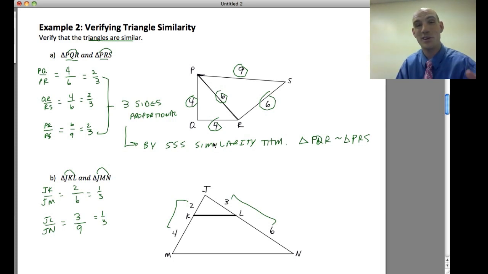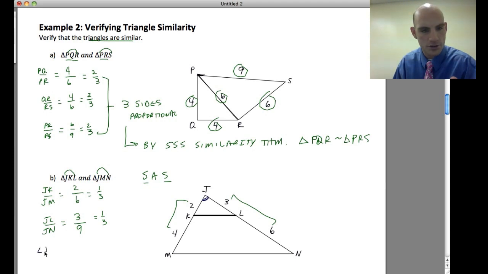Here's the beauty of this. We have two sides. We don't have the third side, but notice what they share. I have a side, angle, side, which involves two sides and the angle. I need the included angle. Well, conveniently, between JK and JL, this angle here, and between JM and JN is also the same angle.